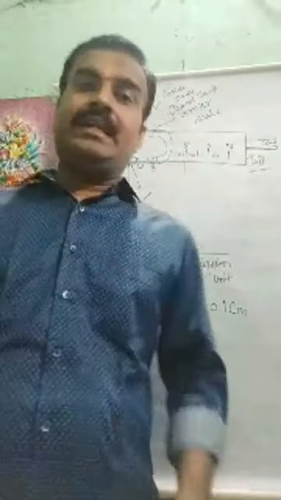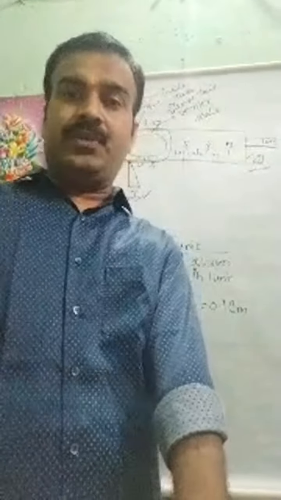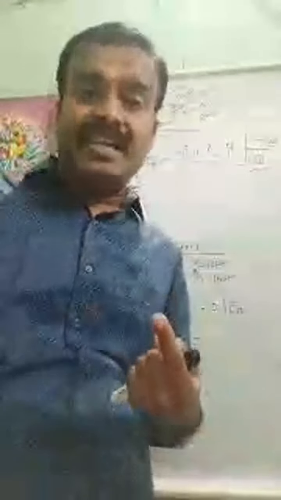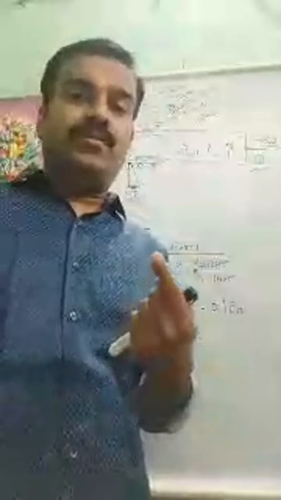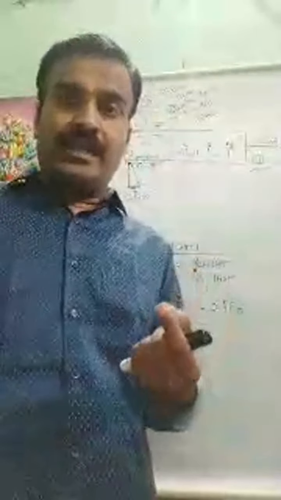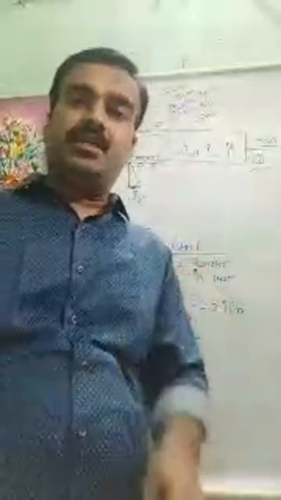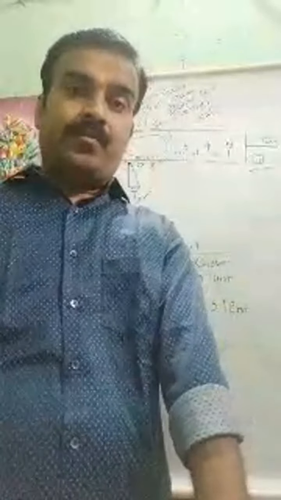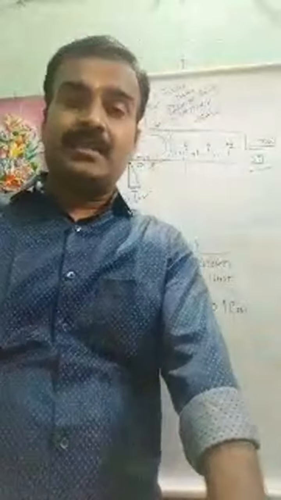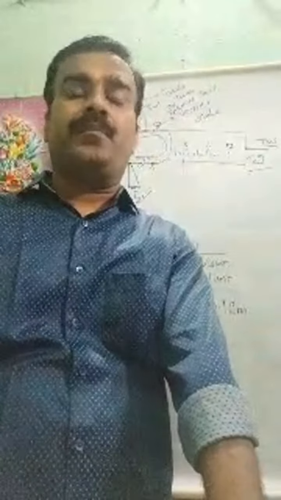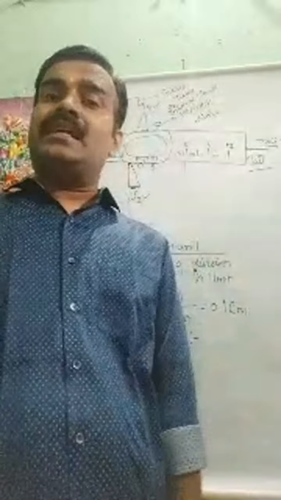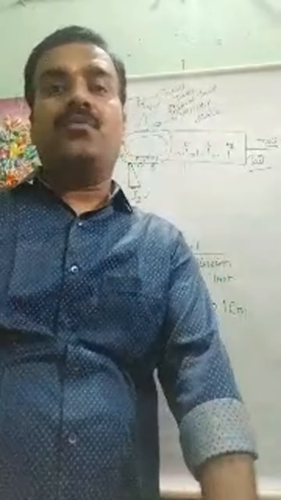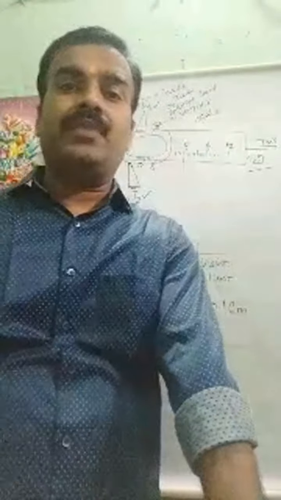One more definition of the least count you can write: the difference between one main scale division and one Vernier scale division is called least count. Because I have already explained in the principle of the Vernier calipers, when 10 Vernier scale divisions equal 9 main scale divisions, the difference between one main scale division and one Vernier scale division is 0.1 millimeter.